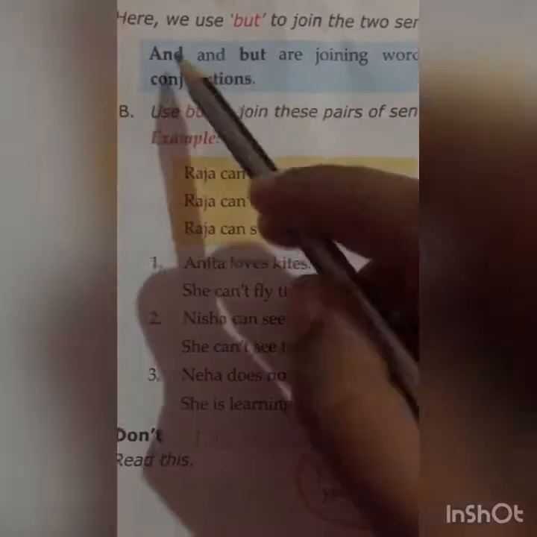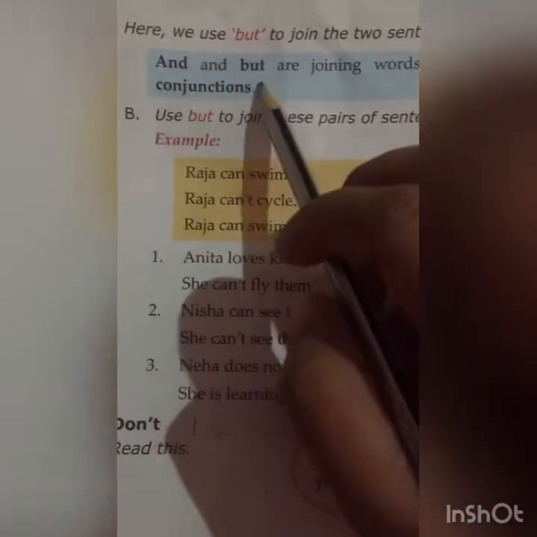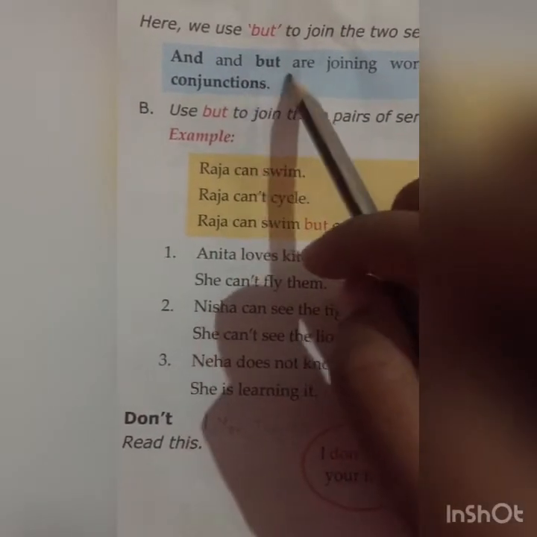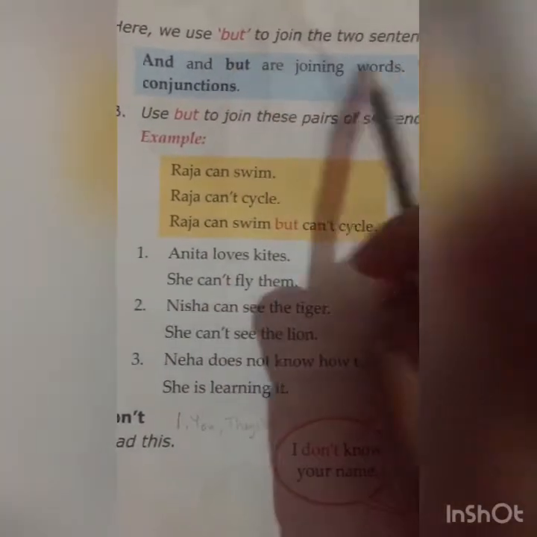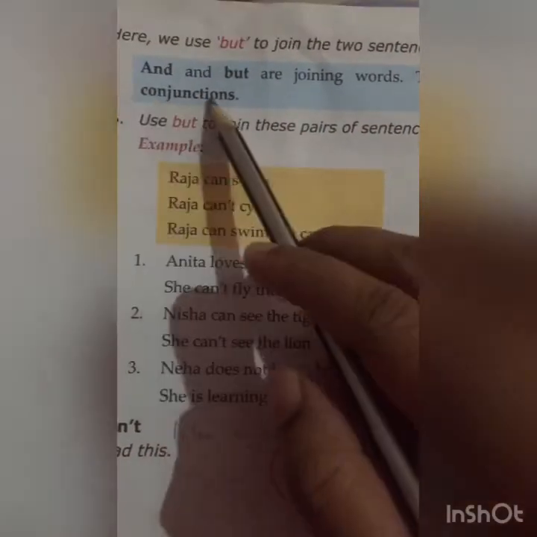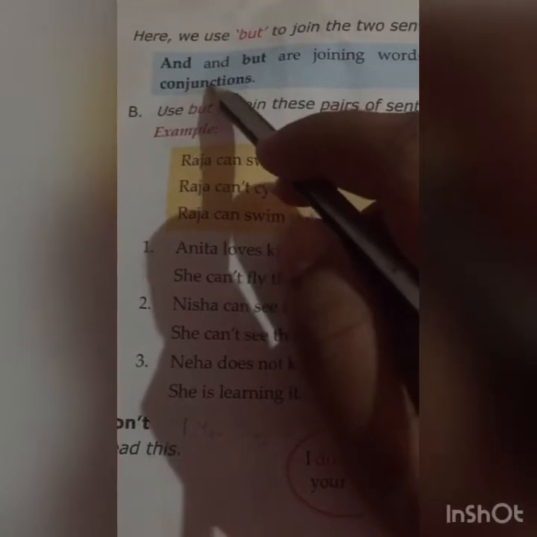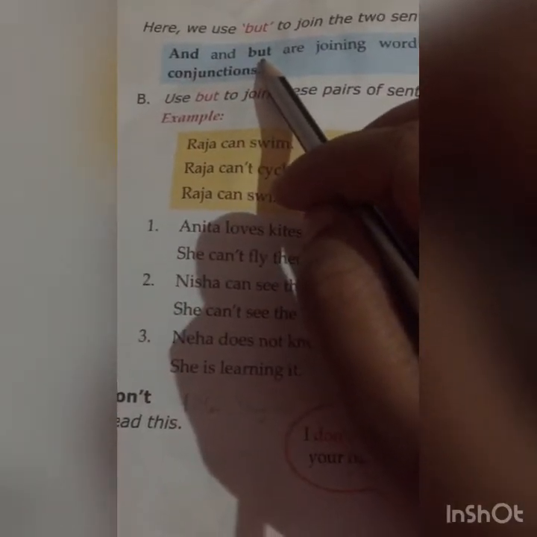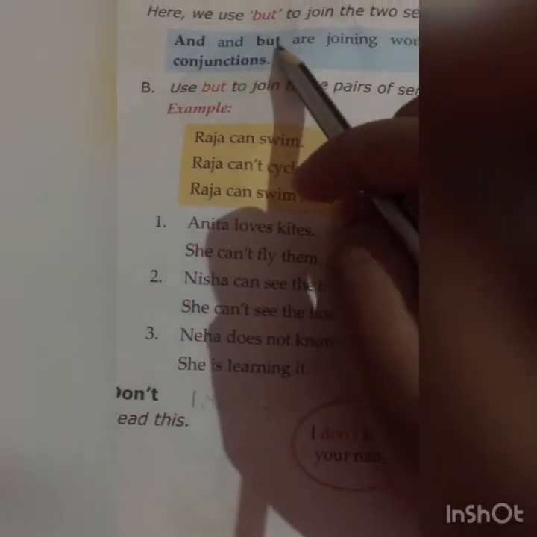These two words are called joining words, and these joining words are called conjunctions. Which two words have we learned now? And, but. What are they used for? They are used for joining sentences.